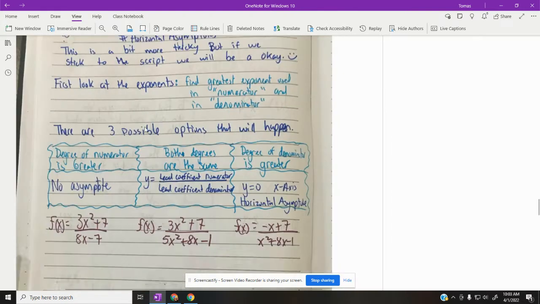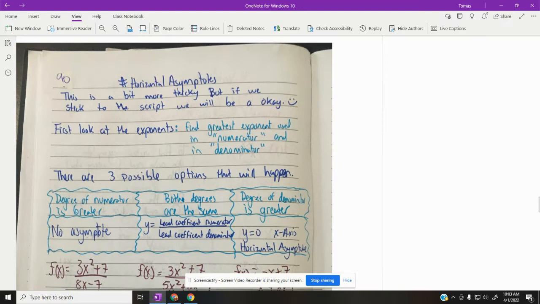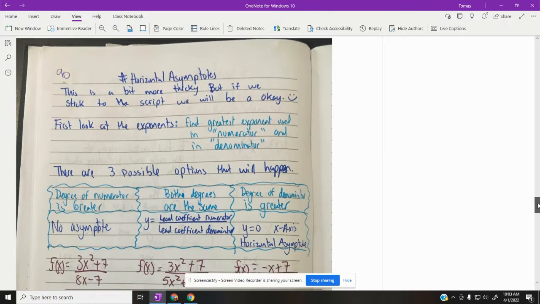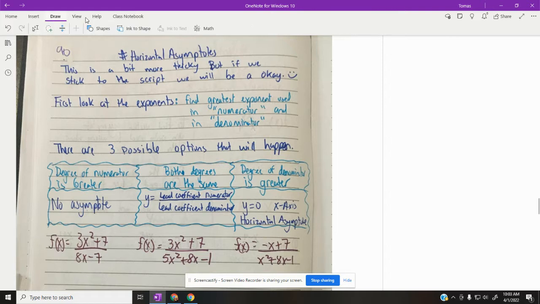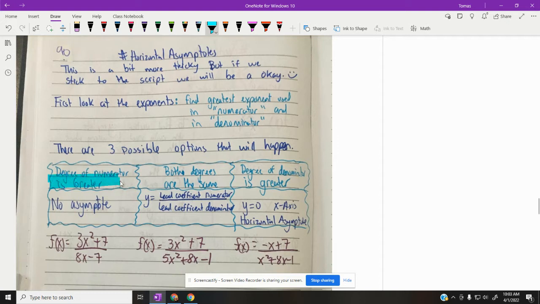Let me make my screen a little bit better. All right, I want us to hone in on this little chart right here. Now, this is going to help us figure out our horizontal asymptote.